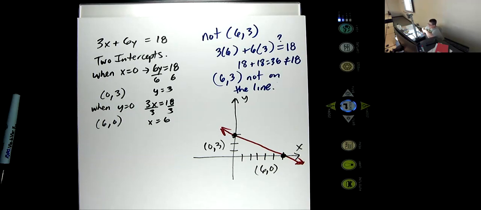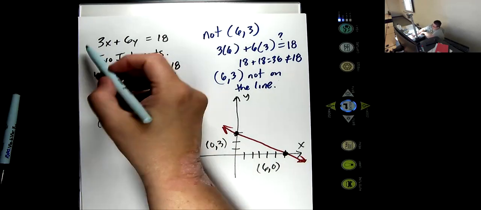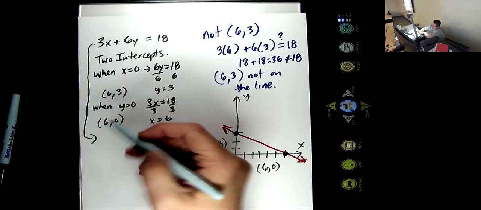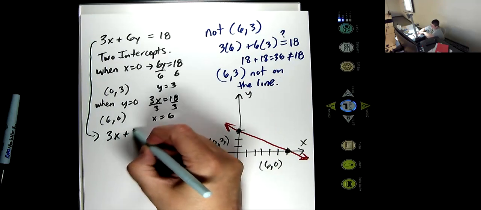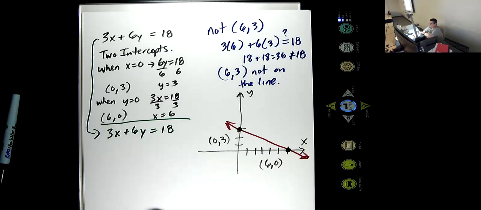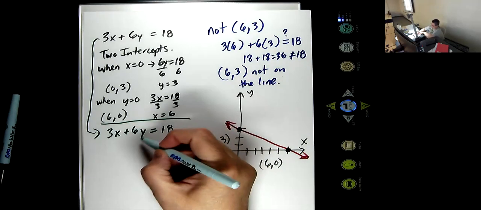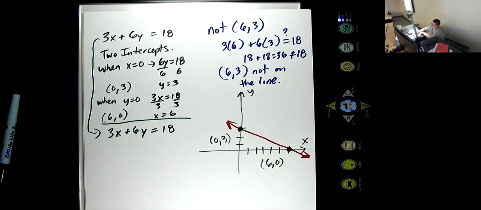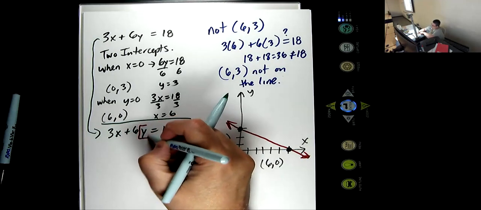All right, let's do this. Solve for mx plus b. So we want to try to get y by itself. That's our goal. Get y by itself.